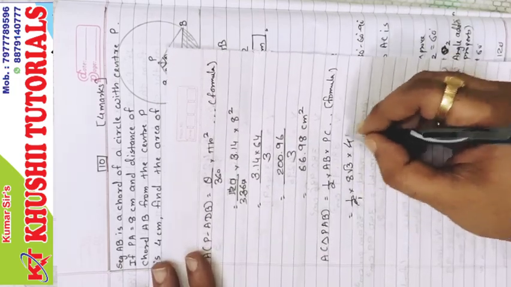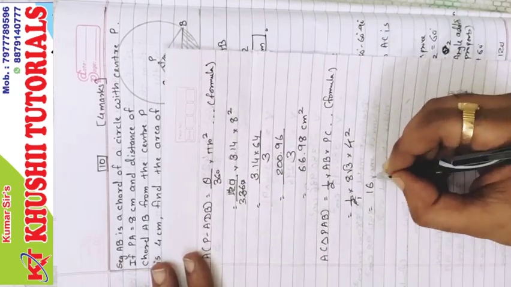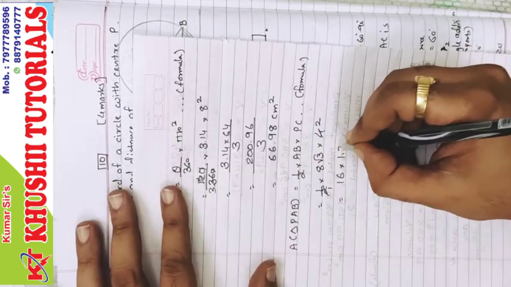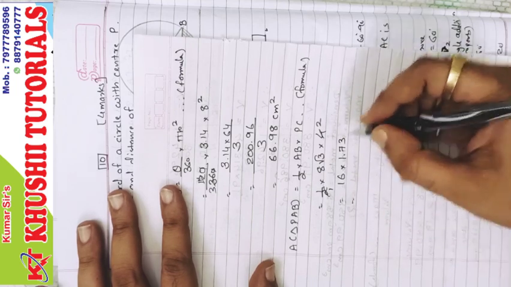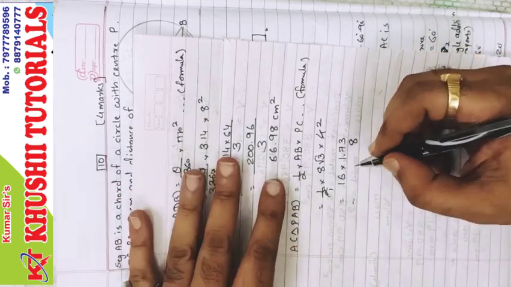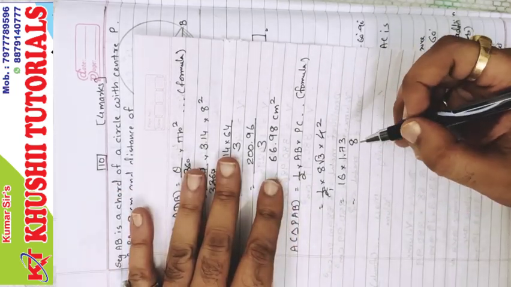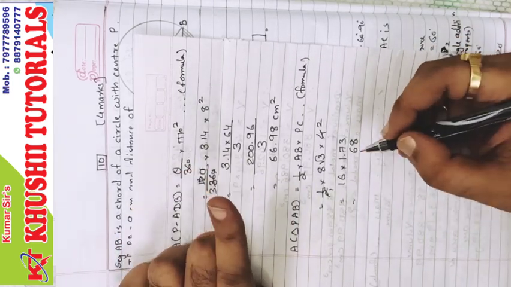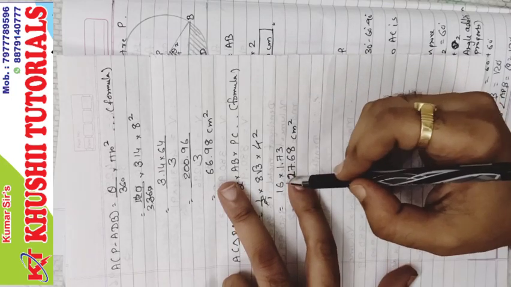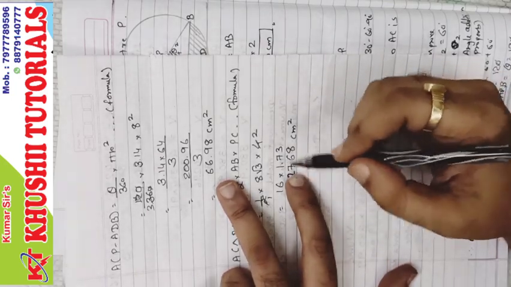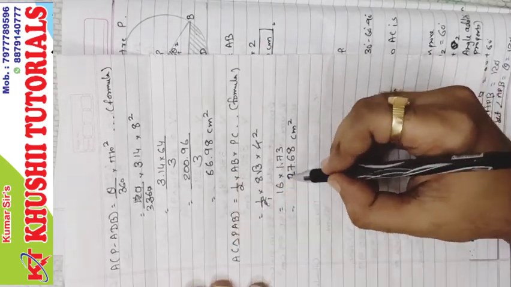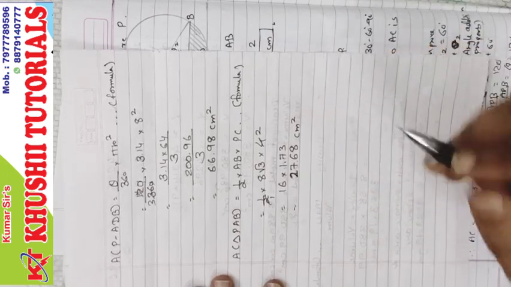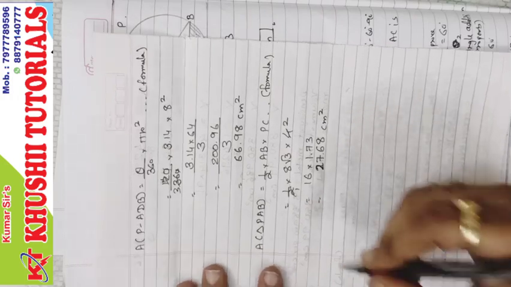So 8 twos are 16 root 3. 16 root 3, the value of root 3 is 1.73. Multiplying 16 by 1.73, we have 27.68 centimeter square, which is the area of the triangle.